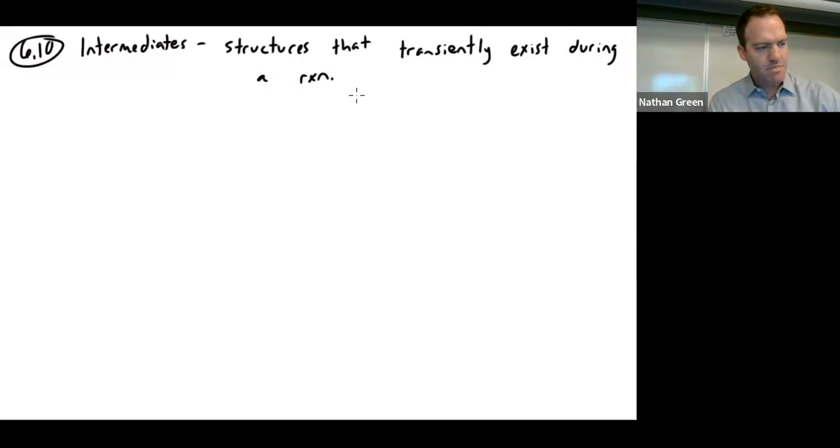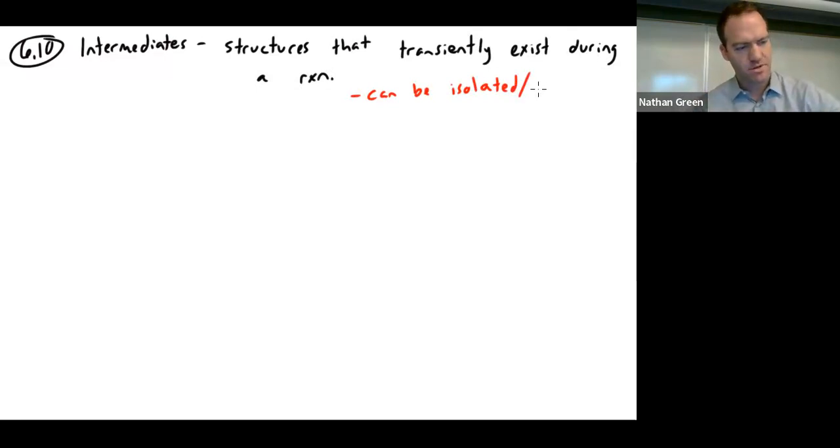They technically can be isolated, although most of the time what we mean by that is they can be detected. So we can use some sort of method to capture or see that an intermediate formed. You often won't see an intermediate put into a bottle though.